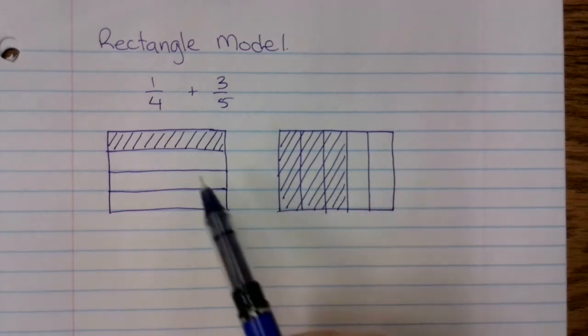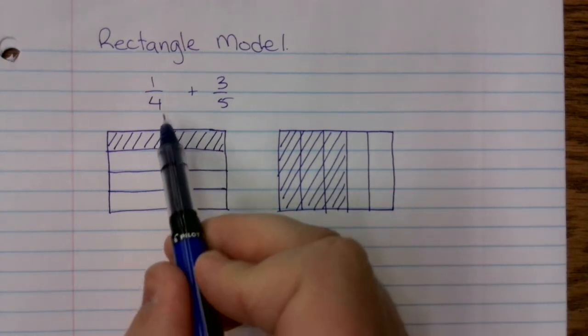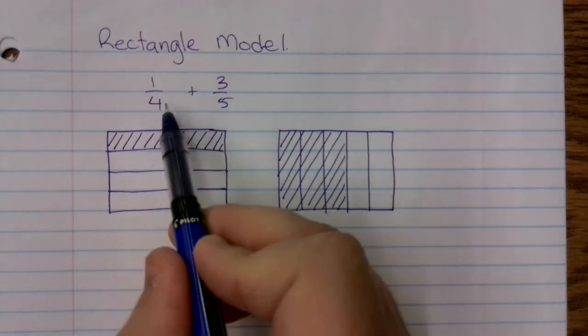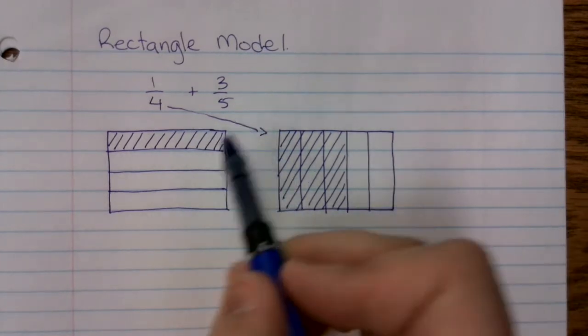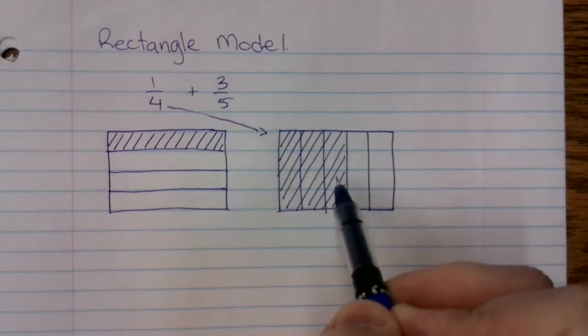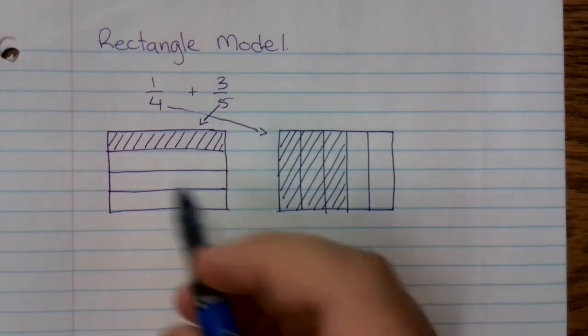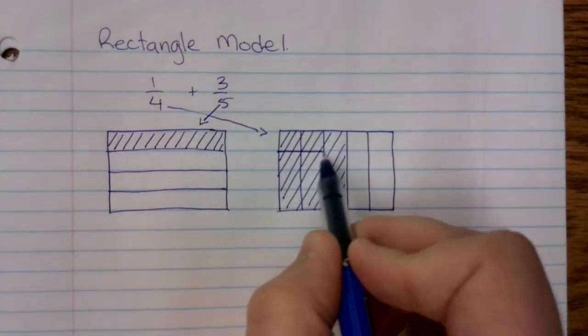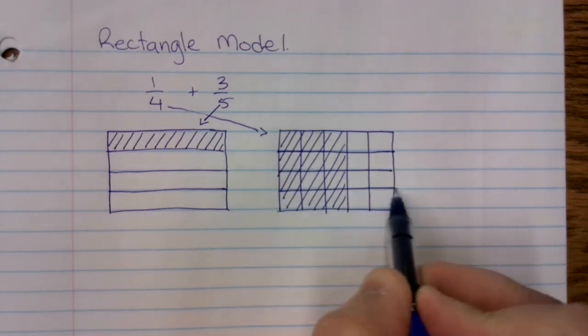Now in order to add these, I want them to have the same number of pieces. So what I'm going to do is take the quarter lines that I drew here and transfer them over to this model. And then I'm going to take the fifth lines from here and transfer them over to this model. And when I do that, you'll see that I end up with two rectangles that are cut into the same number of pieces.